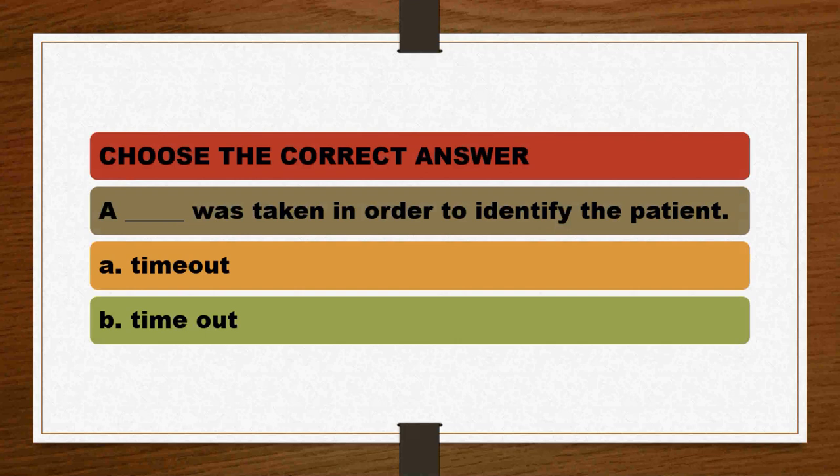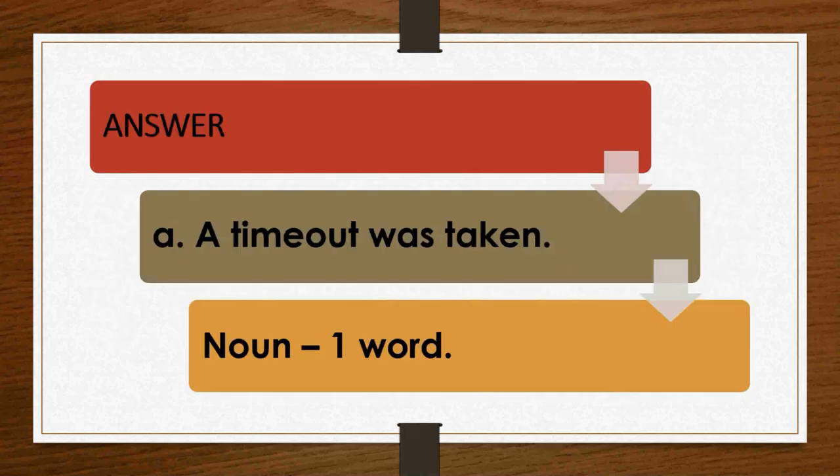Okay, this follows the same pattern as follow-up and workup and setup and timeout, step down, all of them. One word if it's a noun or an adjective, two words if it's a verb. You would say something like, a test will time out after 48 hours. That would be two words. That would be used as a verb, and it would be two words.